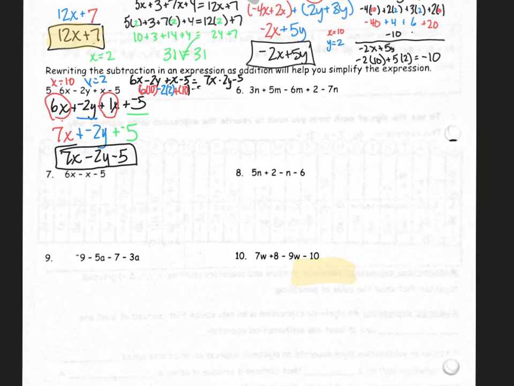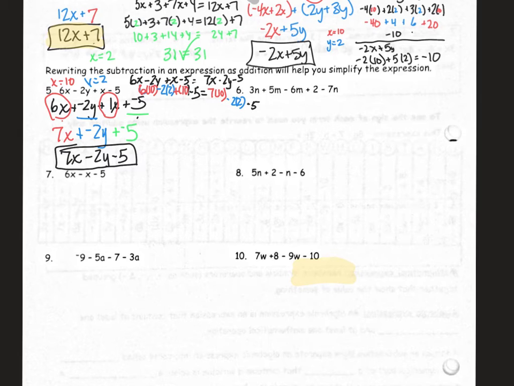Let me erase this equal sign. Oops. Minus 5. Okay, and on the other side I have 7 times x minus 2 times 2, because 2 times y, minus 5. So it's kind of slanted there, sorry.